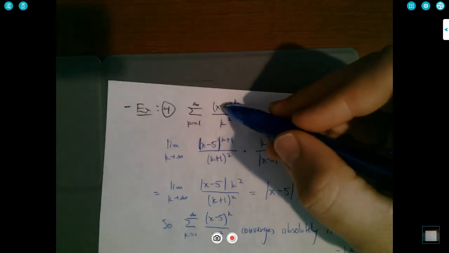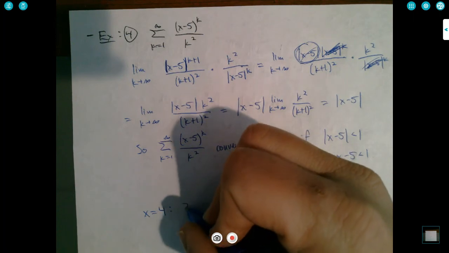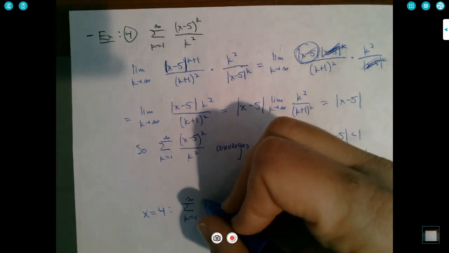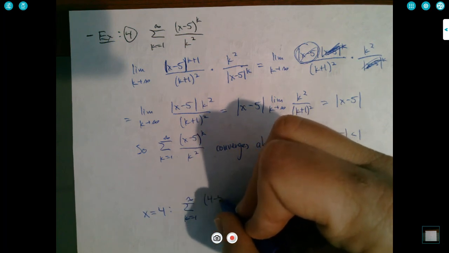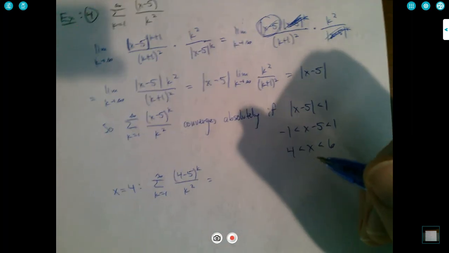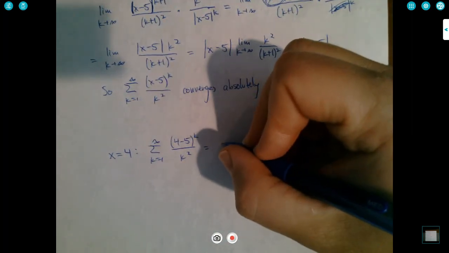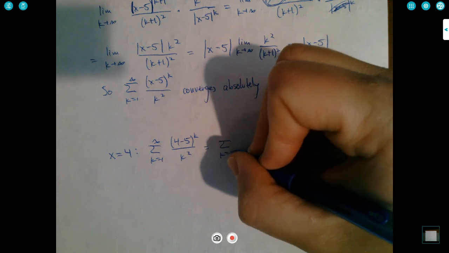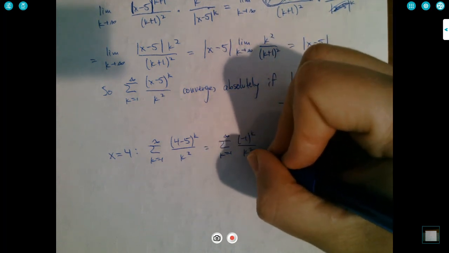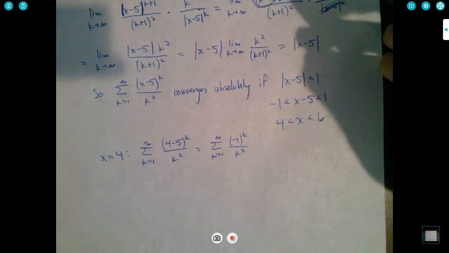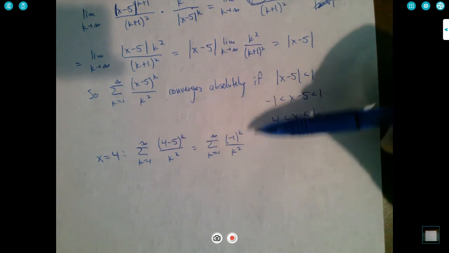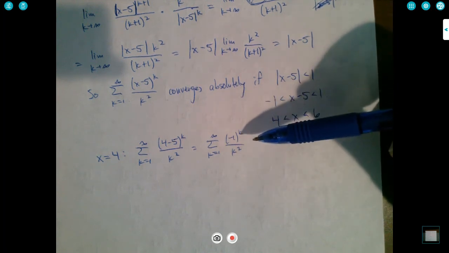At x equals 4, I plug in 4 for x. I get the sum from k equals 1 to infinity of (4 minus 5) to the k over k squared. So that's the sum from k equals 1 to infinity of (negative 1) to the k over k squared. Remember that if the absolute value of the series converges, then the series converges.